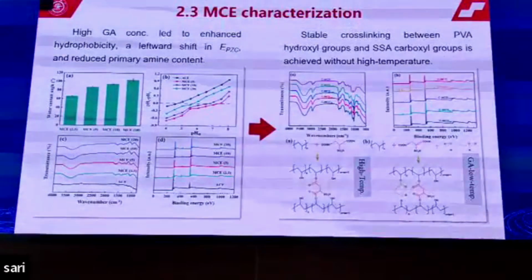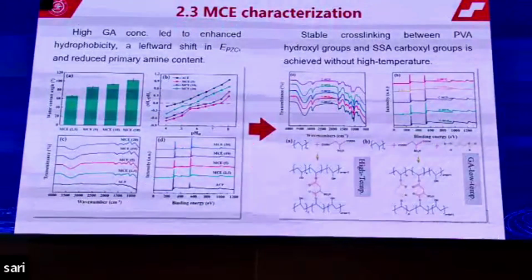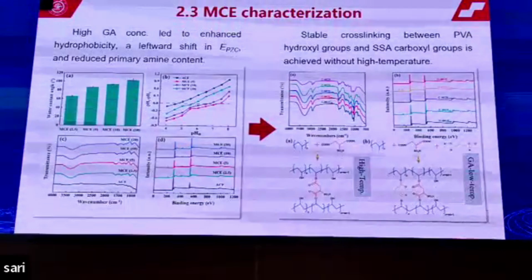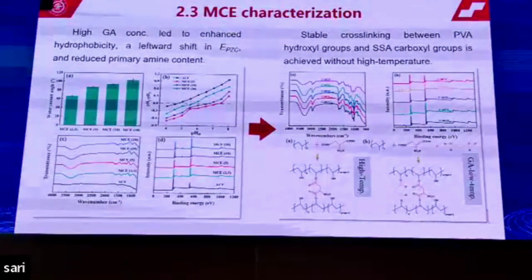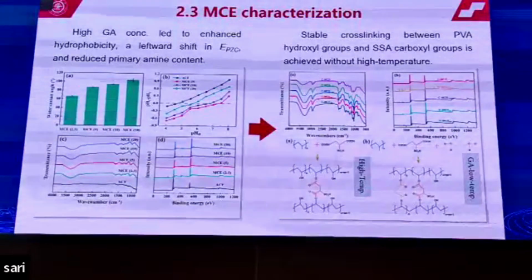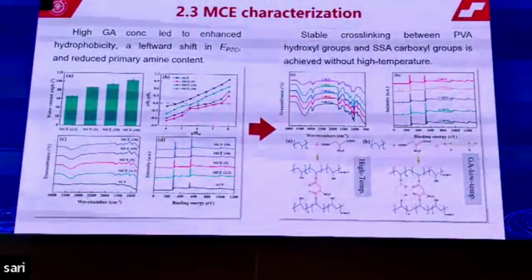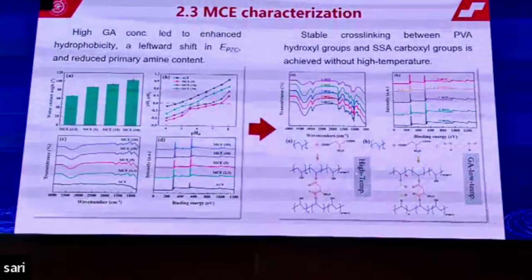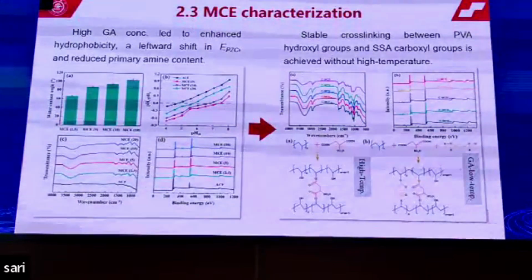So for the characterization, we found that if the concentration of GA increased, it will lead to increased hydrophobicity. Moreover, the point of zero charge will move to the left, which means it was less resistant to this process. Besides, we also investigated whether the temperature is important in the cross-linking.